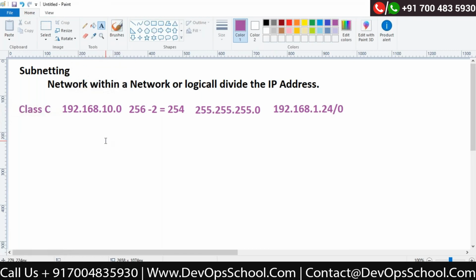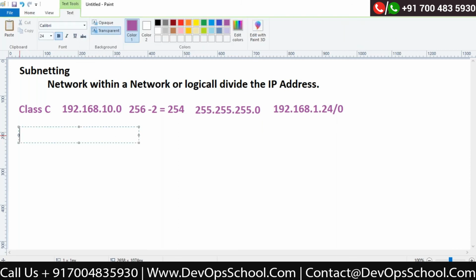So if I consider this IP address and my manager says, let's divide this IP address range into smaller chunks. He said, my requirement per department would be 40 IP addresses.